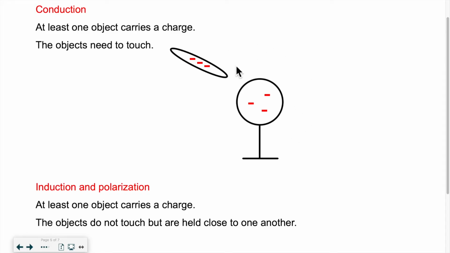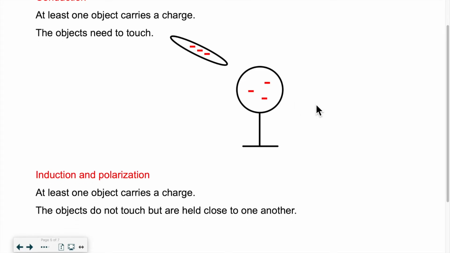After I bring a negatively charged object close enough to actually touch it, some of the excess electrons here will move towards my sphere over here. And after I remove the rod, some of the electrons will remain, so it makes my sphere negatively charged. So now I've just charged my object by conduction, so by touching it.